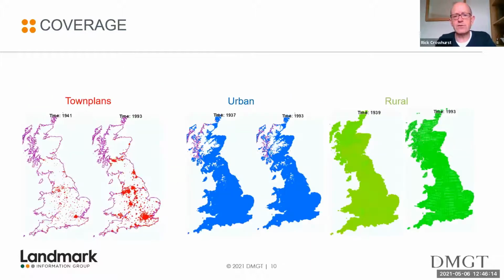So that's showing the coverage based on that kind of system, what's in our system. You can see how the town plans obviously relate to towns and cities, the urban scales. And then as we were saying, if you look at the Highlands of Scotland, you do have some towns, you do have some urban, but some of that is obviously only covered by the rural 10,560 and 10,000 scales.